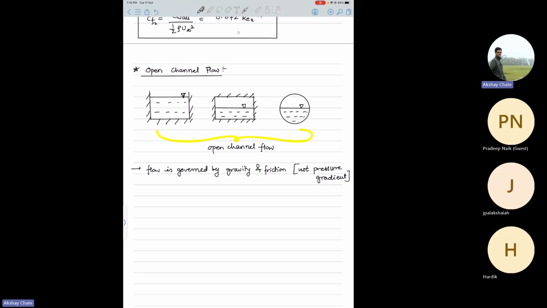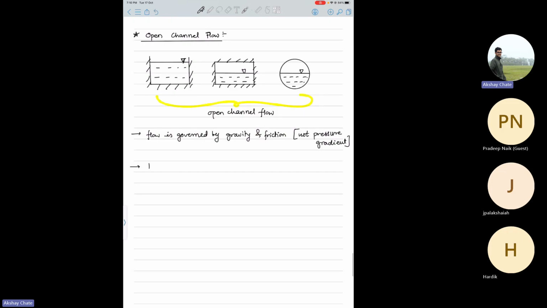But the important thing is this Reynolds number that we calculate. Here the characteristic length is the hydraulic radius, and the important distinction is it is only cross-sectional area by wetted perimeter, whereas hydraulic diameter is 4 times cross-sectional area by perimeter from our previous discussion, and this is the wetted perimeter.